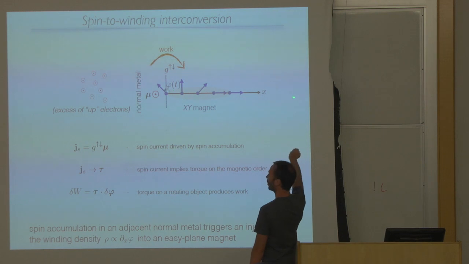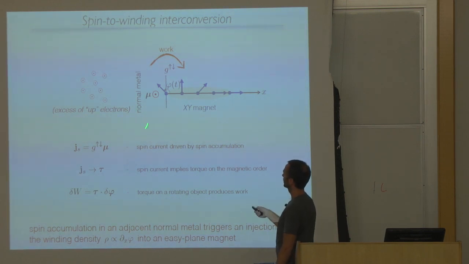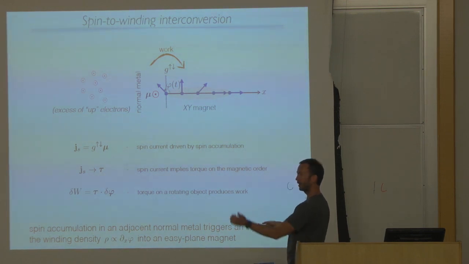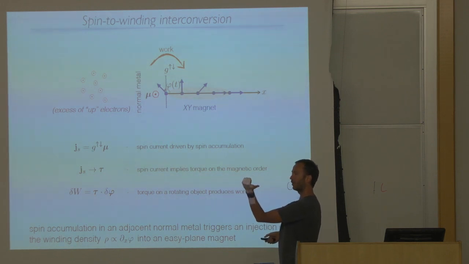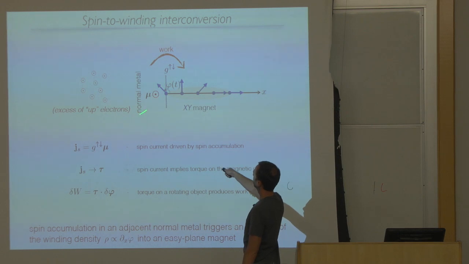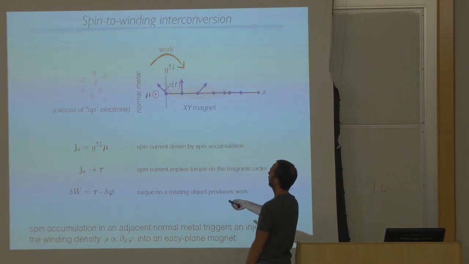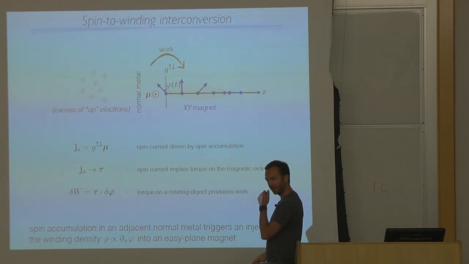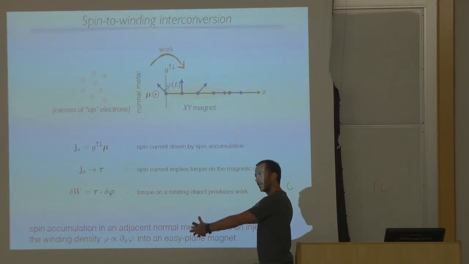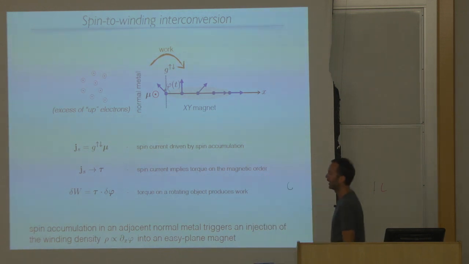So electrons cannot flow into this region, but they can scatter off, and as they scatter, they can flip their spin. That spin flip process is exactly what we need, and this is the spin going from out of the plane into the plane of the slide. This spin flip process, triggered by the incoming flux of an excess of up electrons, is what is necessary to inject, basically to start winding this XY magnet.